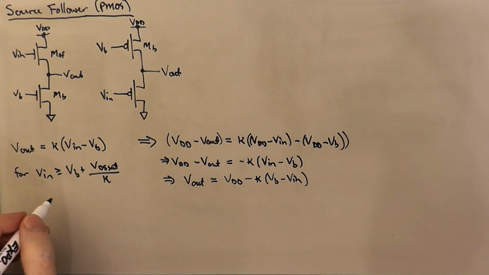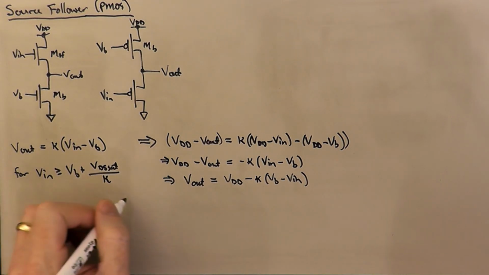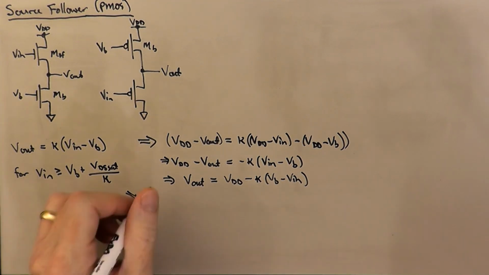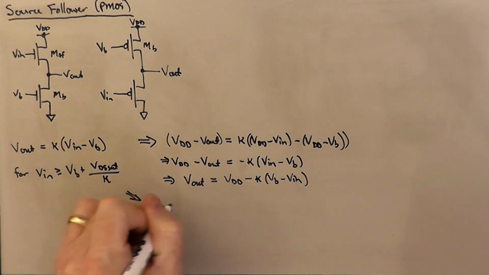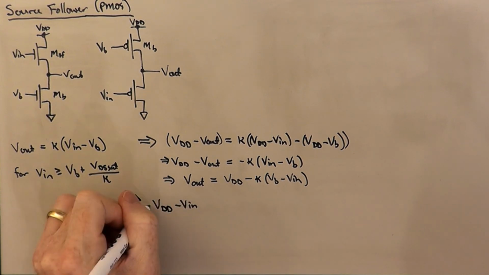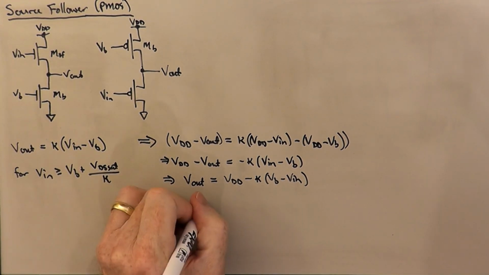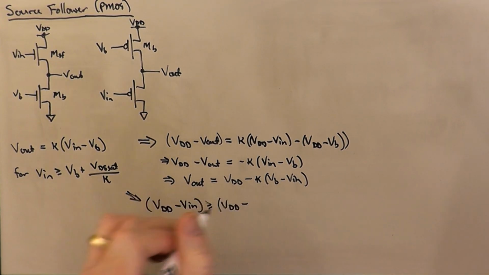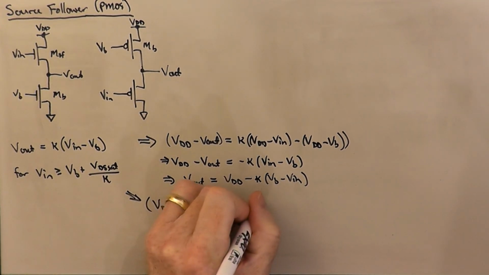And so our condition here would become VDD minus Vn greater than or equal to VDD minus VB.